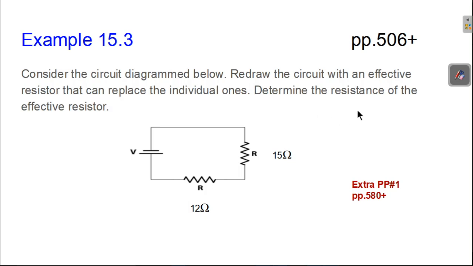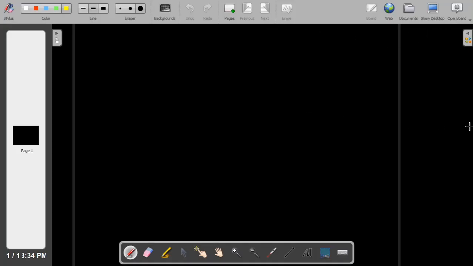Let's do that. How do you do that? Okay, the first thing I need to do is find my mouse. Okay, let me go to the blackboard right here. So you draw a circuit. Start by drawing a circuit first, and it's asking you to draw just one resistor. So just put one wiggly in there.